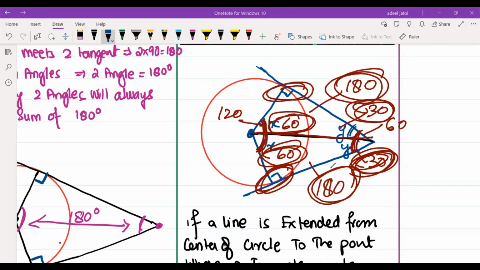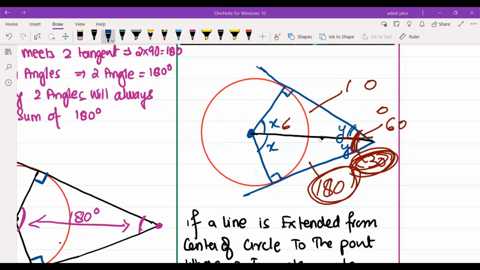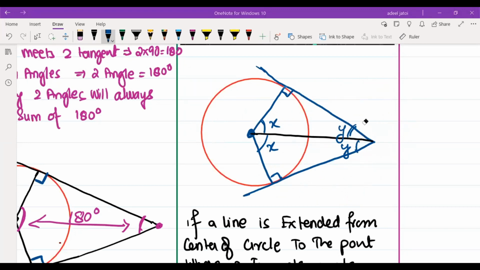So that means the quadrilateral is now divided into two equal triangles with the help of the extended line from the center of the circle to the point where the tangents meet. So this is the extended version of the property of two radiuses meeting two different tangents.